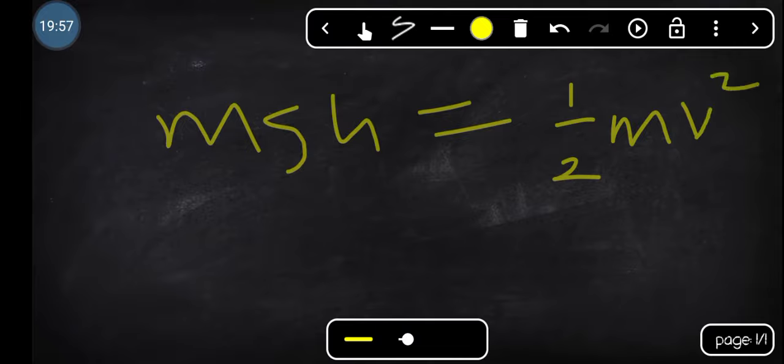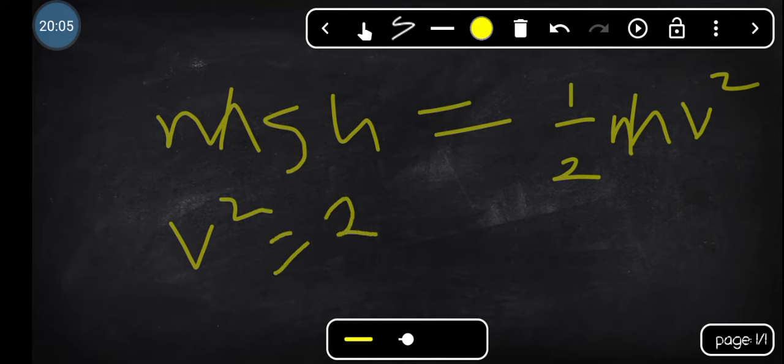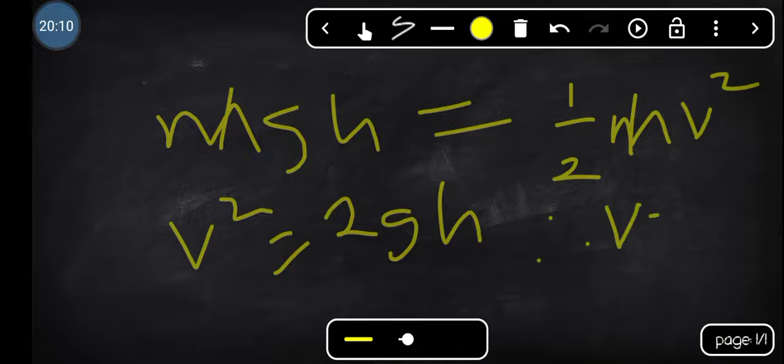You see it now? So therefore, this will cancel. So we have V squared equals 2gh. Therefore, V will be equal to the square root of 2gh. This is the velocity of the body when the potential energy equals the kinetic energy.